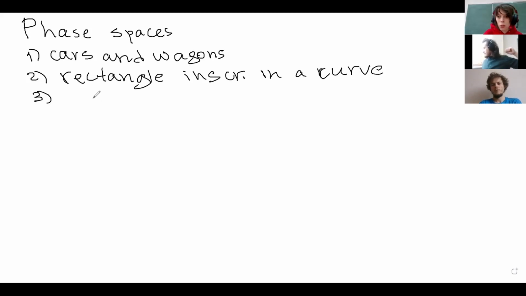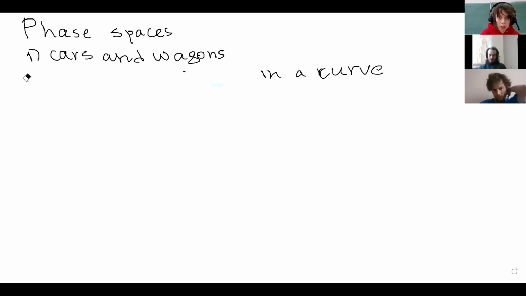And the third topic will be about mirrors and phase spaces of mirror system. Andrei will talk about that. So that's a plan for today. I hope we will be able to cover all the points. So let's start from the problem about cars and wagons.